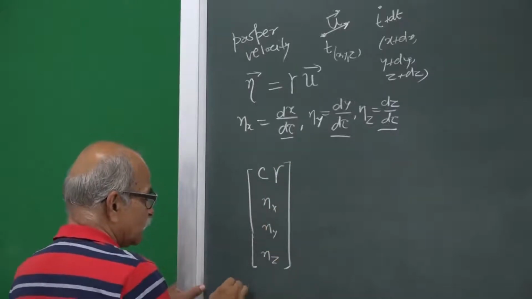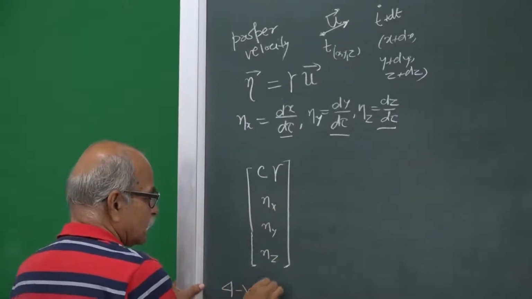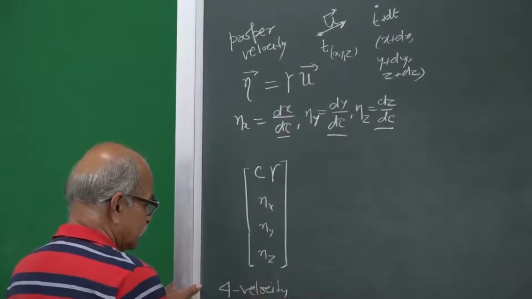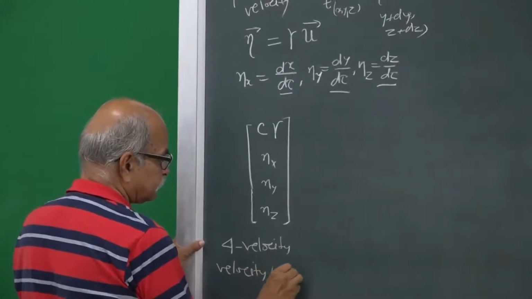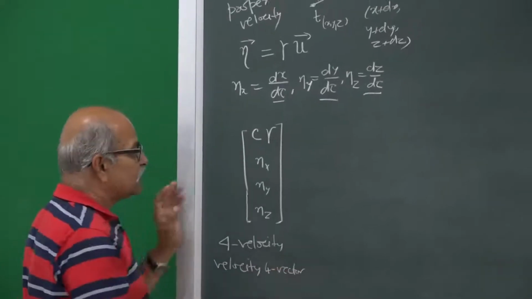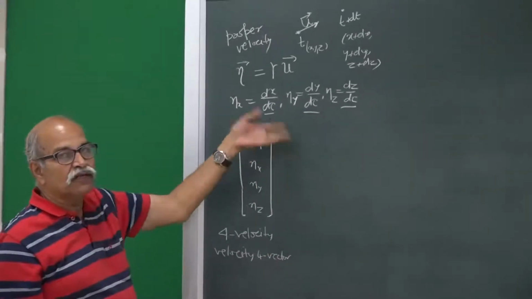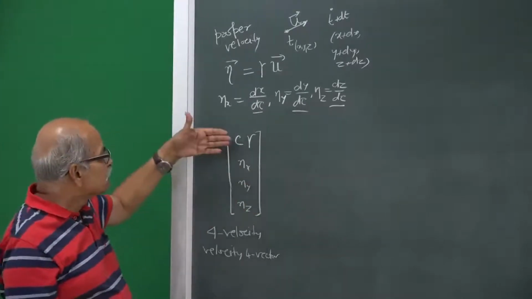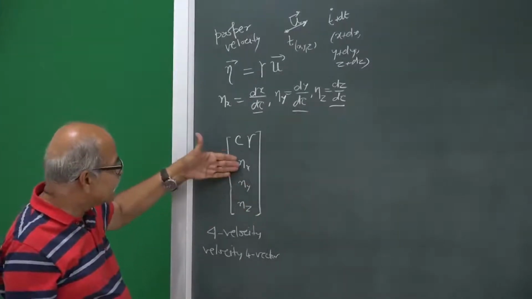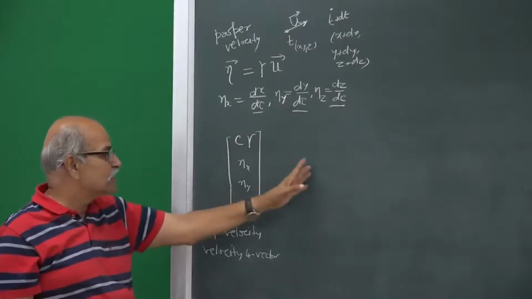So, this is our 4 velocity, or velocity 4 vector. It is a 4 vector, it transforms according to the Lorentz transformation, the same transformation equations followed by the position 4 vector ct, x, y, z.